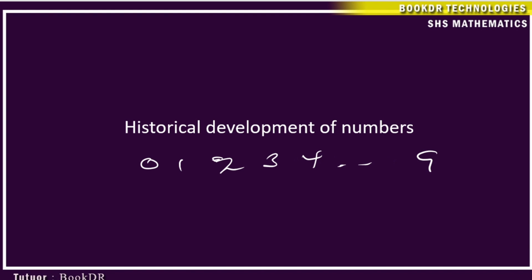Any other number is formed based on combinations of these numbers. It is very common to us. We've been introduced to these numbers right from our basic school. Good. Now, let's move ahead.